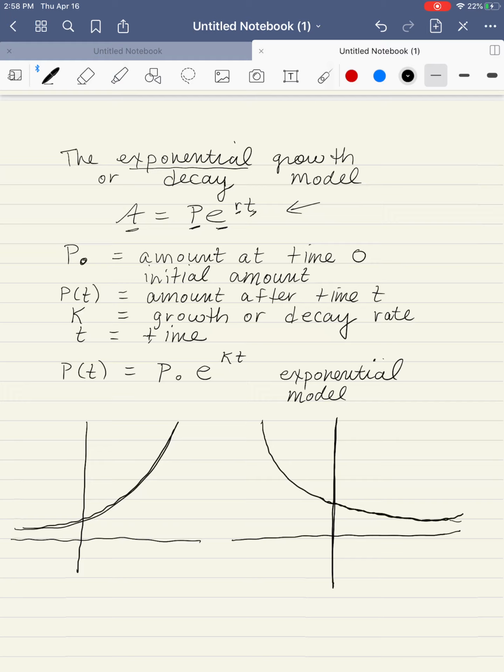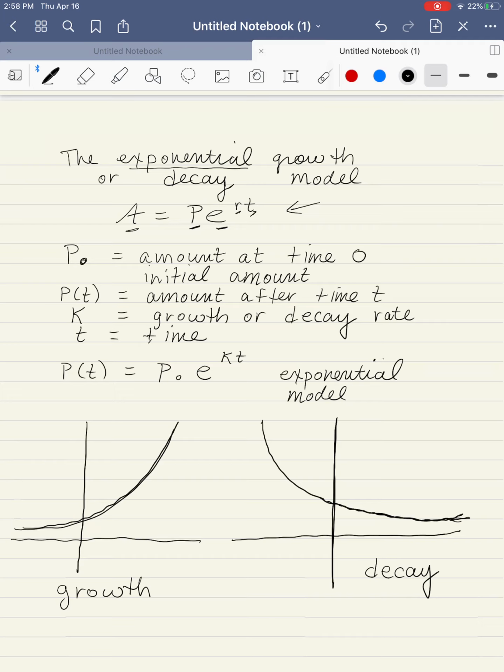Notice on this one, we're growing over time. On this one, we're decreasing over time. This is what's known as a decay model, and this is a growth model.